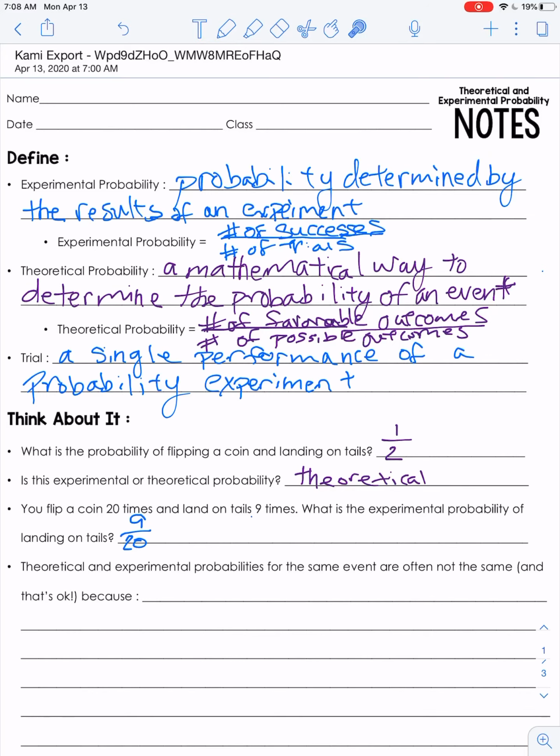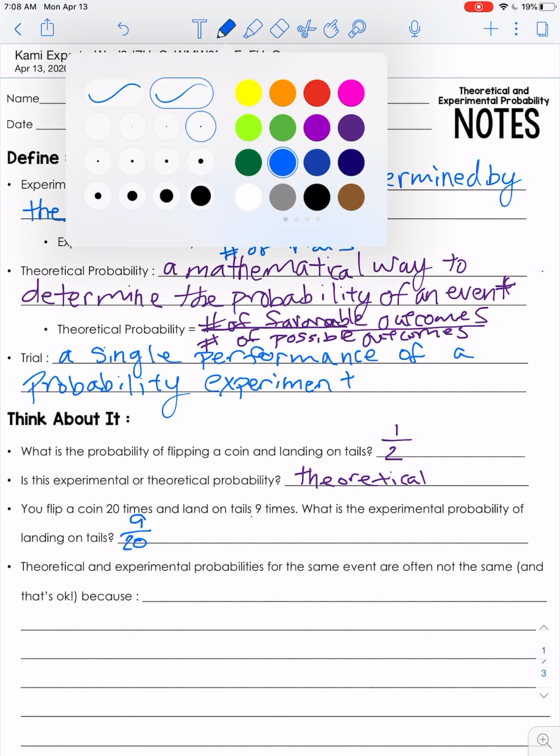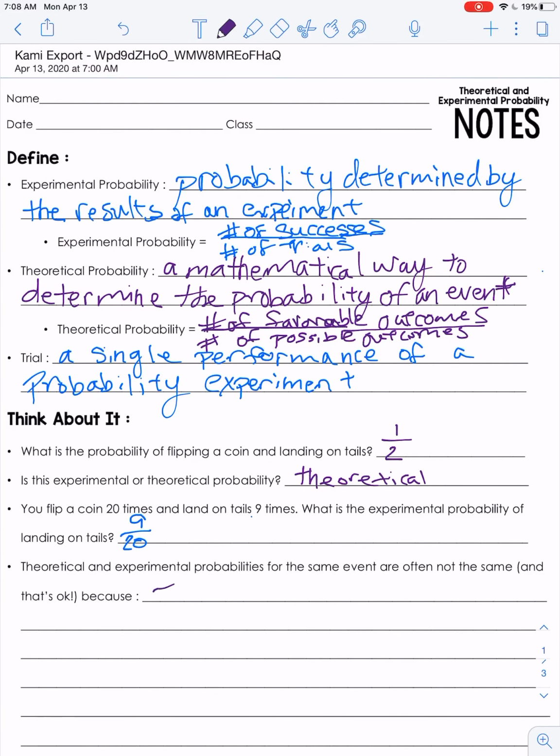So our theoretical probability is the probability that something should happen.